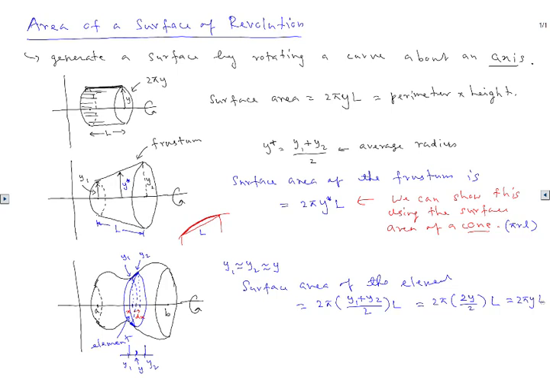That means the surface area formula is now going to be the surface area equals 2 pi, integral from a to b of y, and then the slant L, as we found in the previous section, square root of 1 plus dy over dx squared, dx.